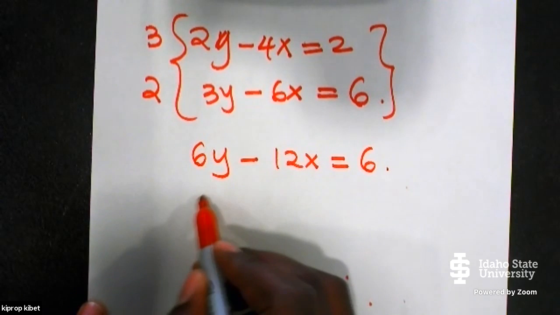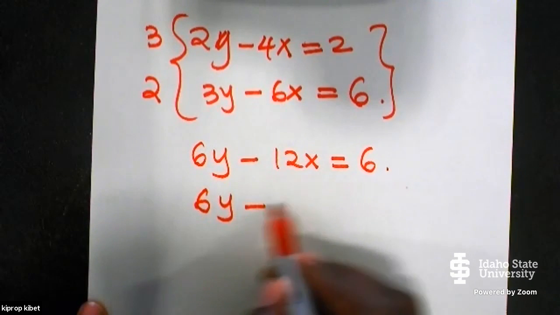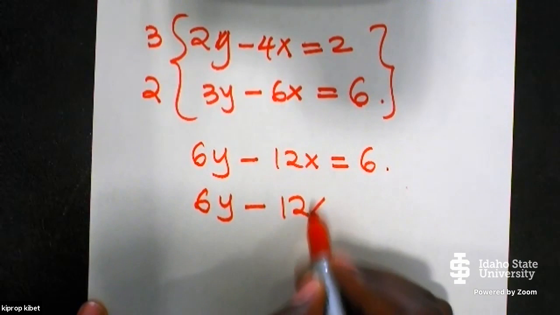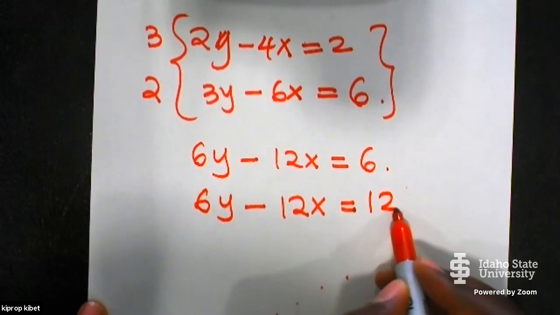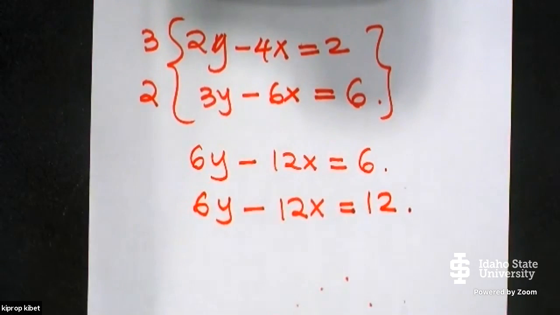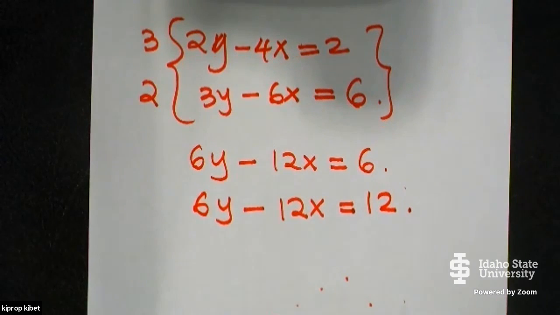The second one will be 6y minus 12x equals 12. So what can we see from there?